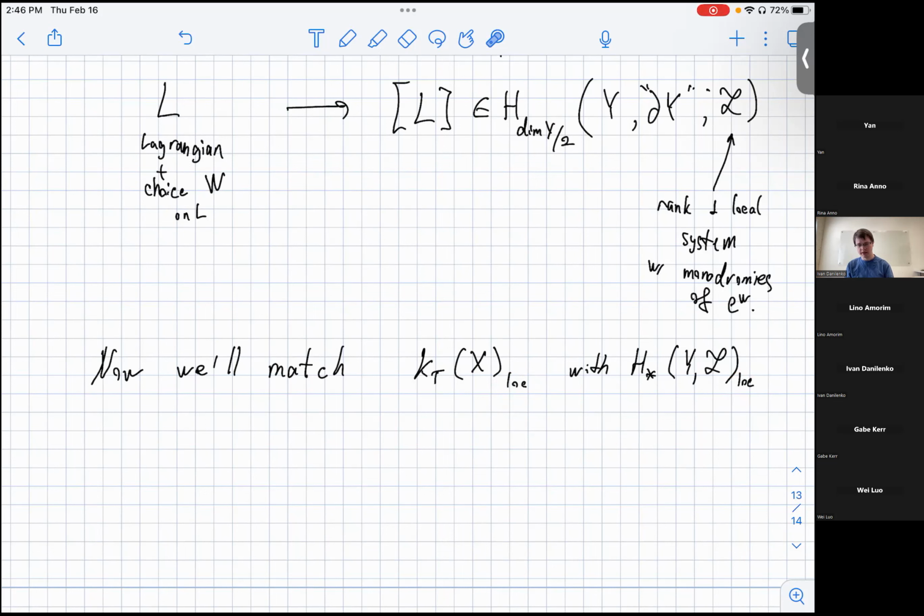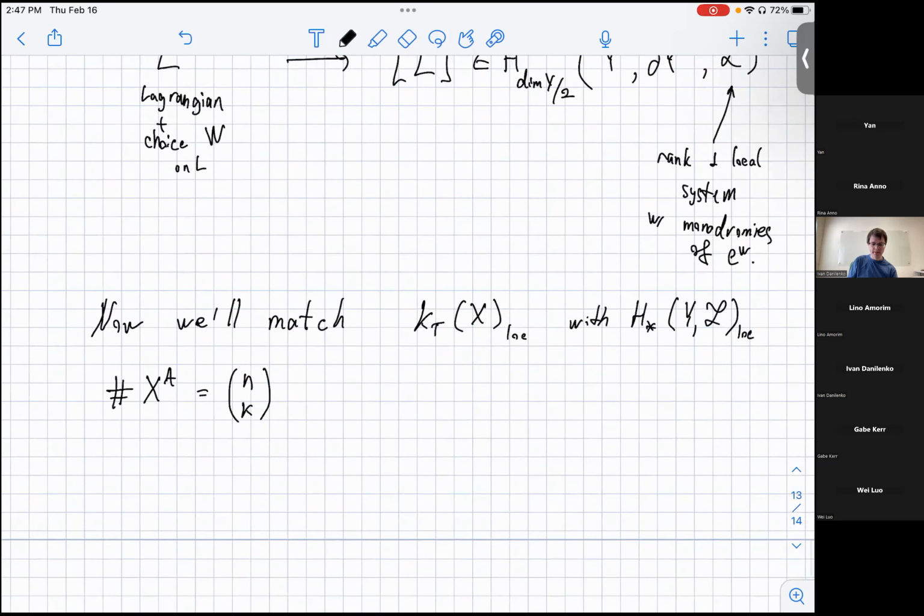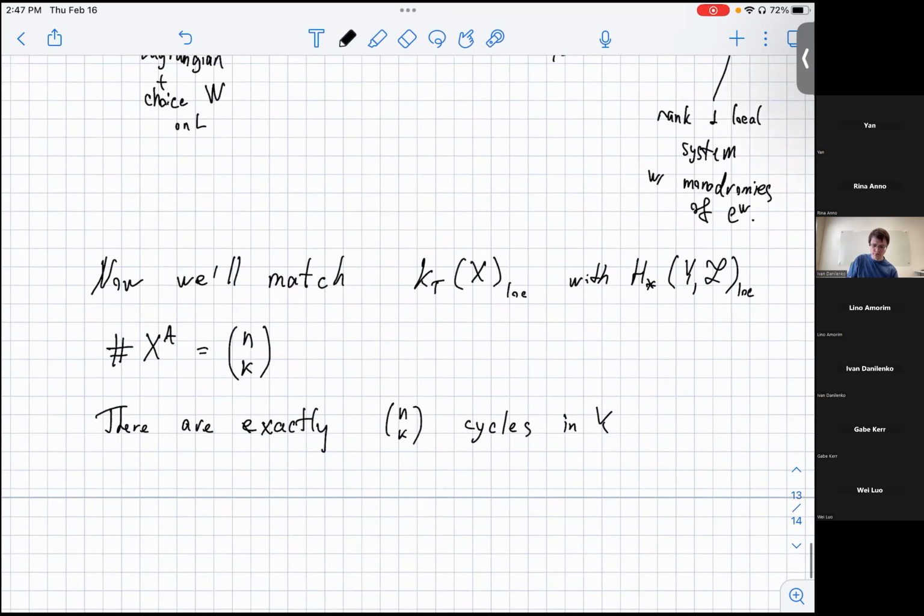And here I'm doing the same stuff, basically, when I said that I want to get rid of them. Okay, and first of all, we need to understand what is the dimension of the space. The dimension on the B side is the number of the fixed points, and that's exactly the binomial number. And they are exactly this many cycles in Y.